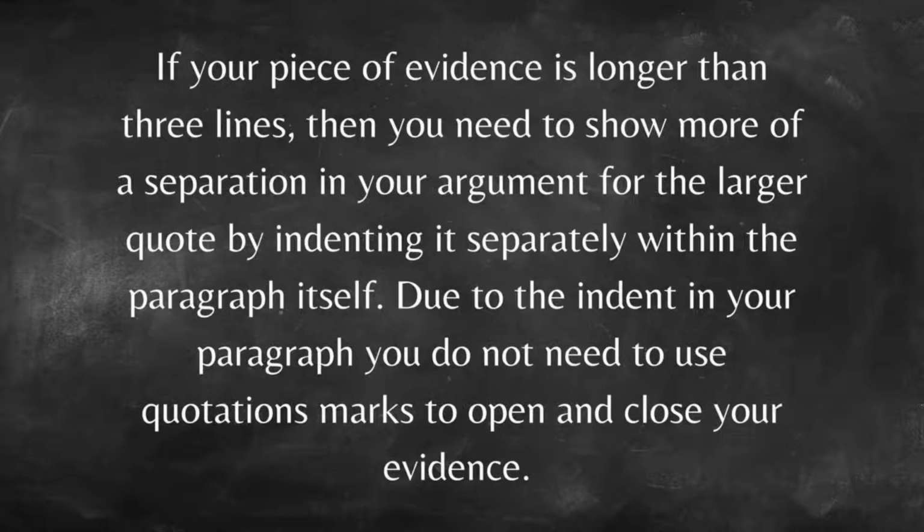Now, if your piece of evidence is longer than 3 lines, as the general rule of thumb, then you also need to show more of a separation in your argument for the larger quote by indenting it separately within the paragraph itself. Now, because of this indent and being able to visually see that separation, you don't need to use quotation marks to open and close your evidence like we've done previously in our other examples.